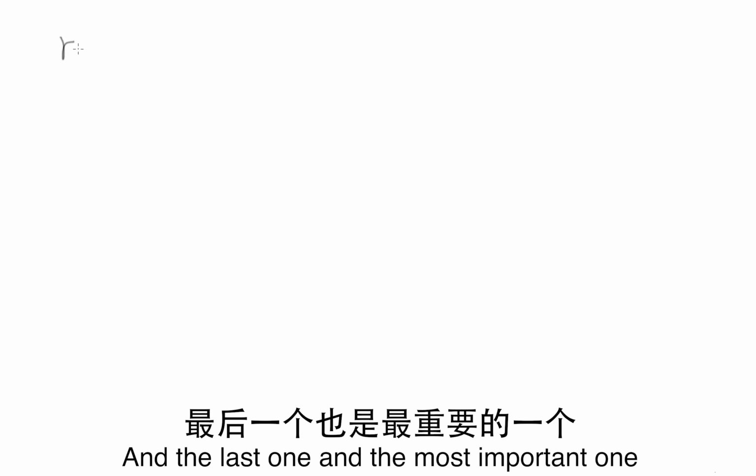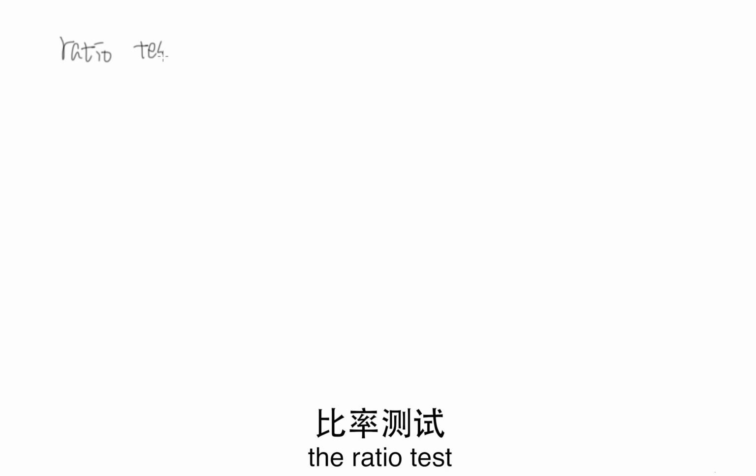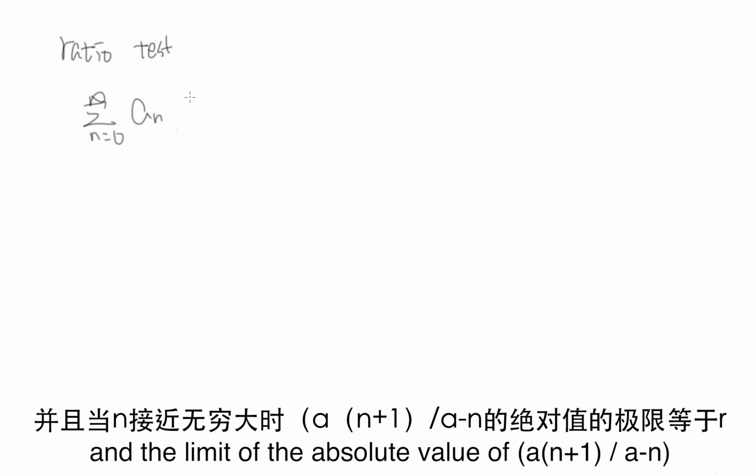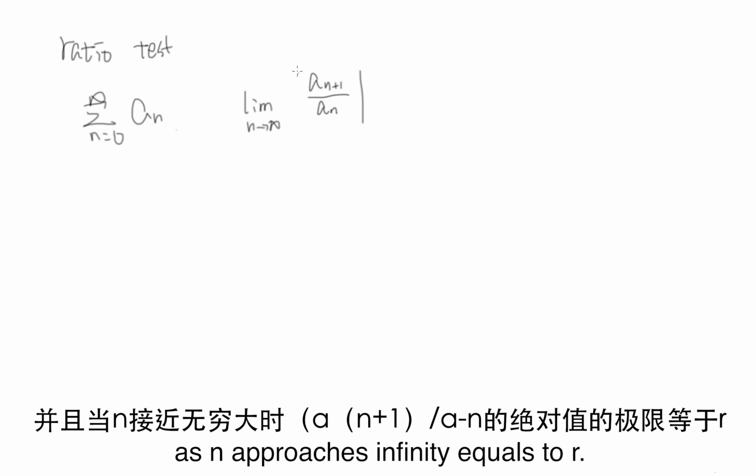Then the last one and the most important one, the ratio test. For the ratio test, we suppose there is a series an, and the limit of the absolute value of a(n+1) over an as n approaches infinity equals r.